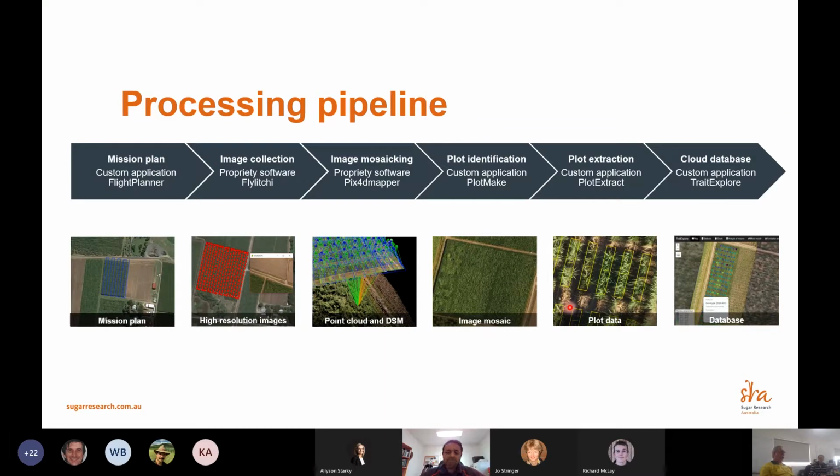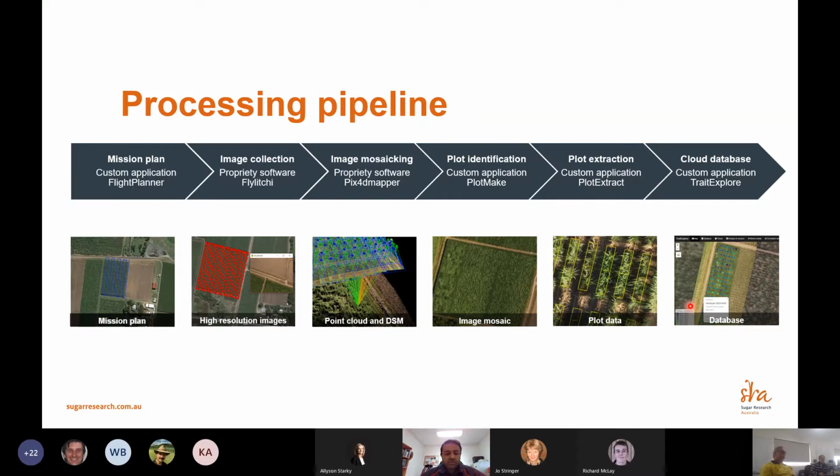Depending on the type of camera that we used, we can extract different types of data from these images. And all of this data, as I said, is fed into an online application called Trait Explorer. That application allows the breeders to generate reports or plots and do some statistical analysis on the go.